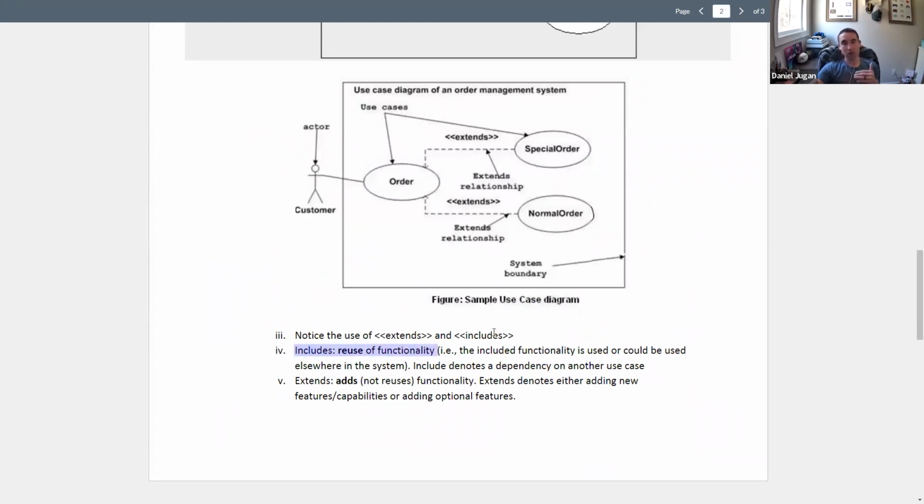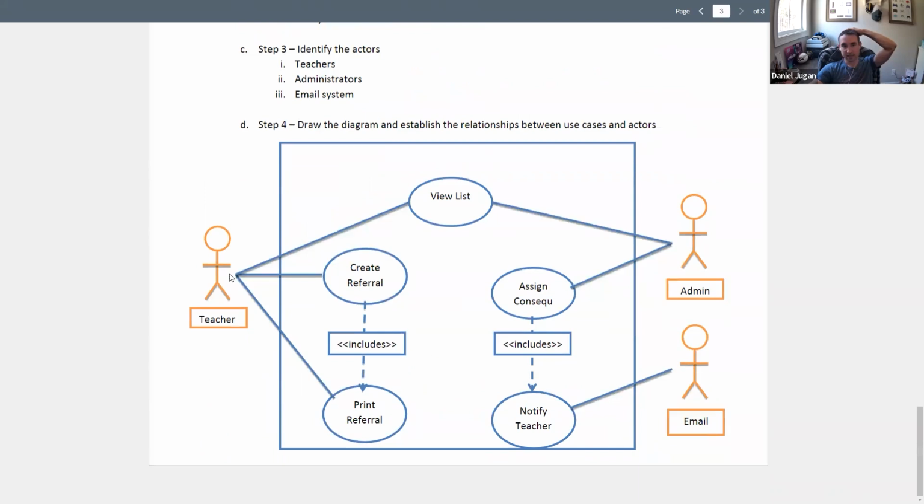So essentially, when one thing happens and you also are doing a second action, you're going to use includes when that second action can also be interacted with separately. And so what we have here is a teacher can create a referral. When they create a referral, it's going to automatically include printing it.